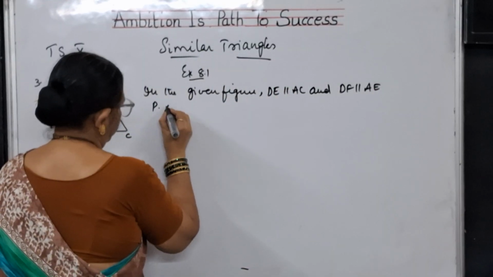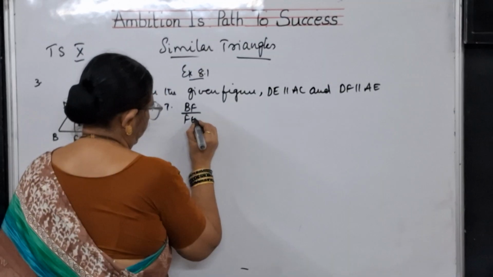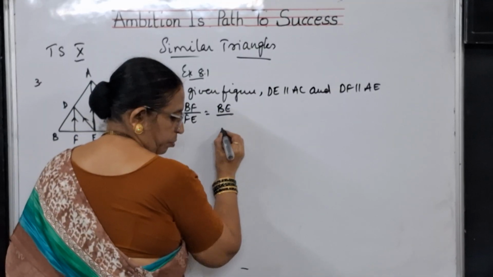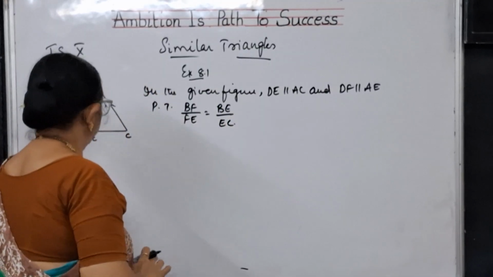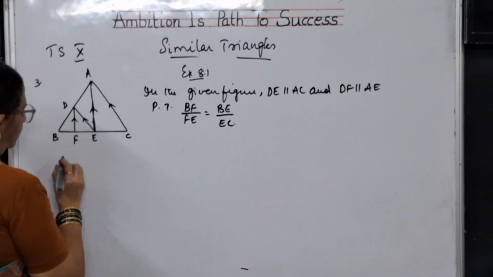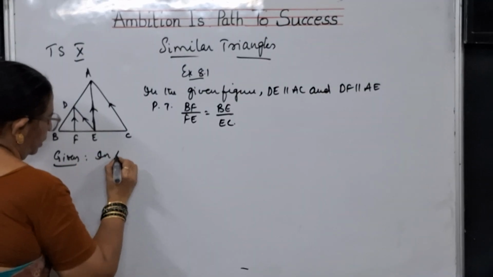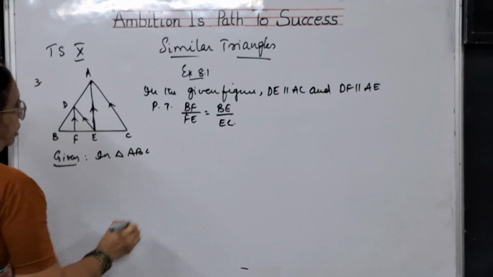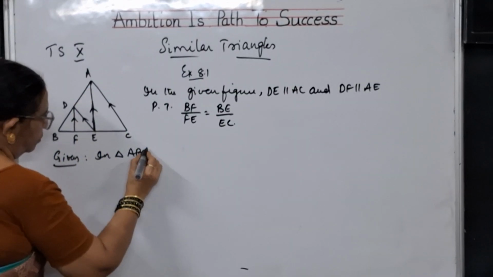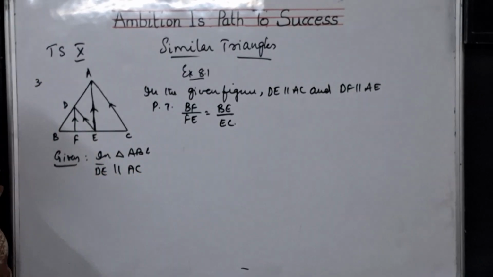Prove that BF by FE is equal to BE by EC. BF by FE is equal to BE by EC. So this is the problem, children. So what is given to you? In triangle ABC, DE is parallel to AC.